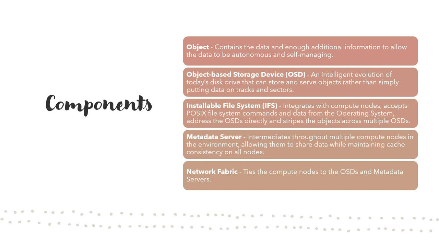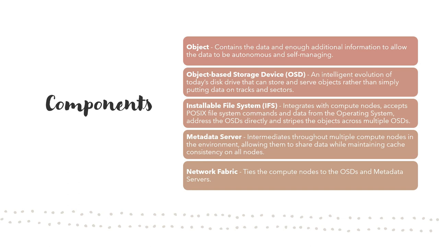The third component is the installable file system. What is an installable file system? It integrates the compute nodes and accepts POSIX file system commands. The file system that we typically use is a POSIX file system. It will have certain commands to fetch data, to read data, to list the data.